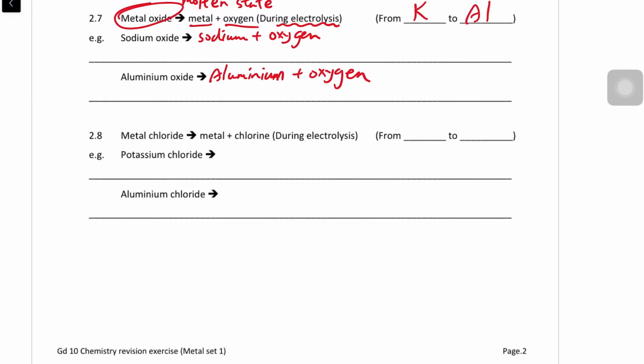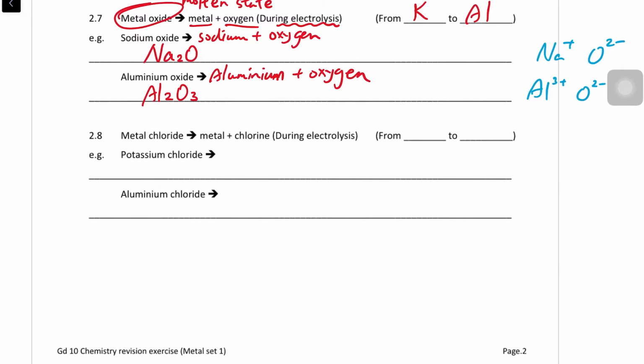Now, first, of course, you should be able to write down the correct formula for sodium oxide and aluminium oxide. Okay? Now, if you forget it, that will give you some hints. The sodium ion has a positive 1 charge. The aluminium ion is 3 plus in charge.